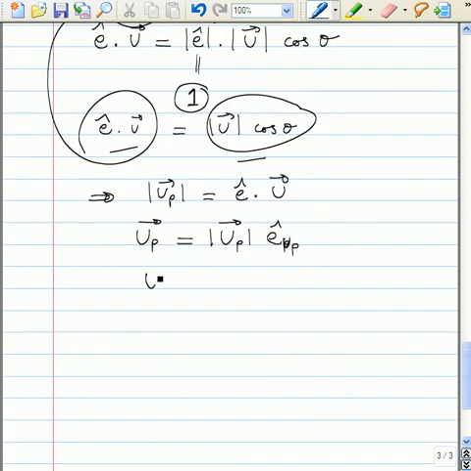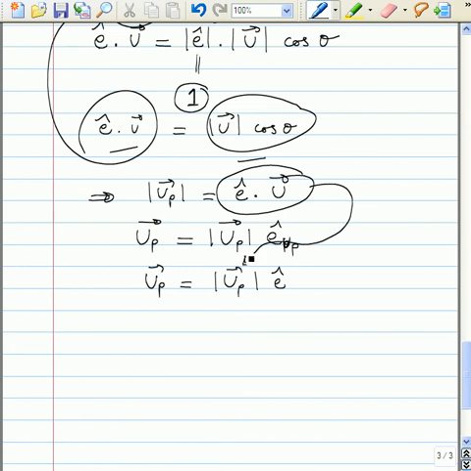So really I can rewrite up vector as magnitude up times our unit vector E. Now I can plug what I've derived here for the magnitude of up and put it right there, and I end up with vector up is equal to unit vector E dot vector u times unit vector E.